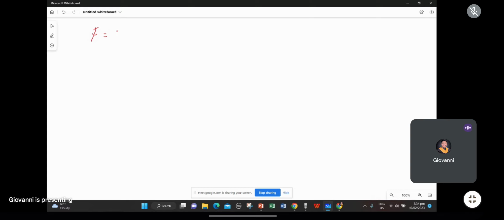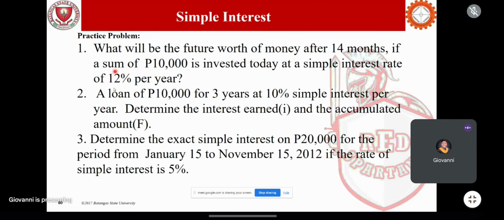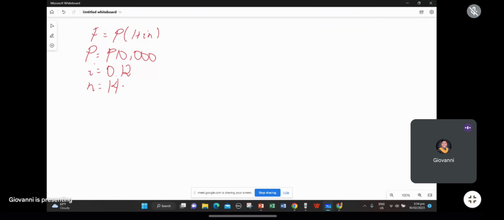So we have F is equals to P times 1 plus RN. Given, we have P, 10,000. Our rate, we have 0.12. Then our N equals 14 months.